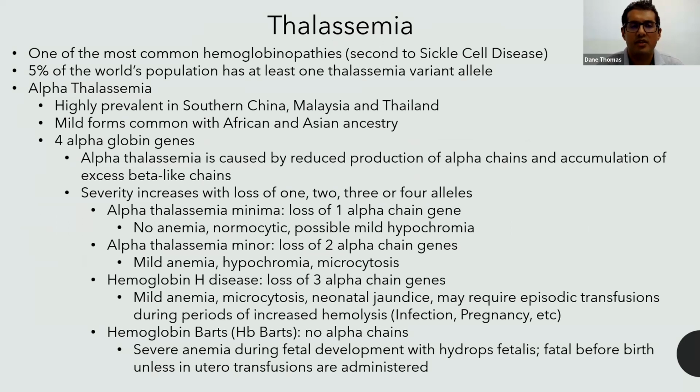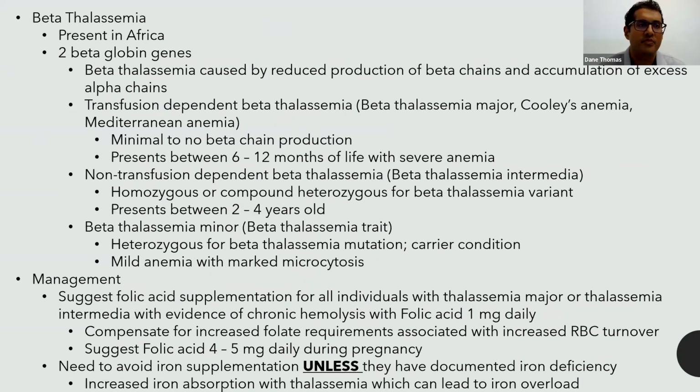And this slide here, which continues to the next slide, is here for you as a reference slide to talk about the different breakdowns of alpha and beta thalassemia. But I won't go into too much detail with this, but you can always refer back to this for more specifics on each type of thalassemia.